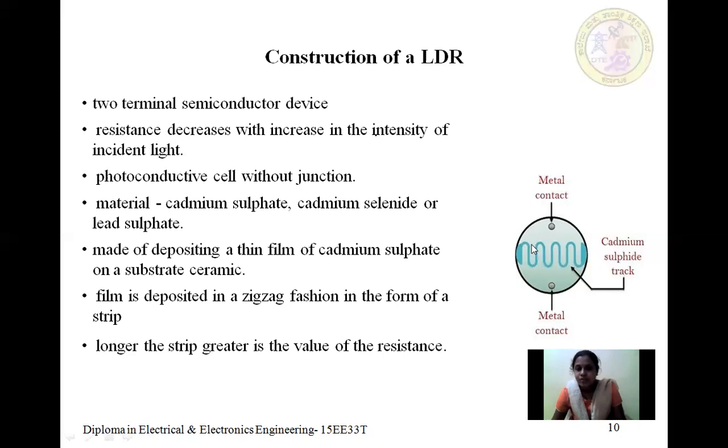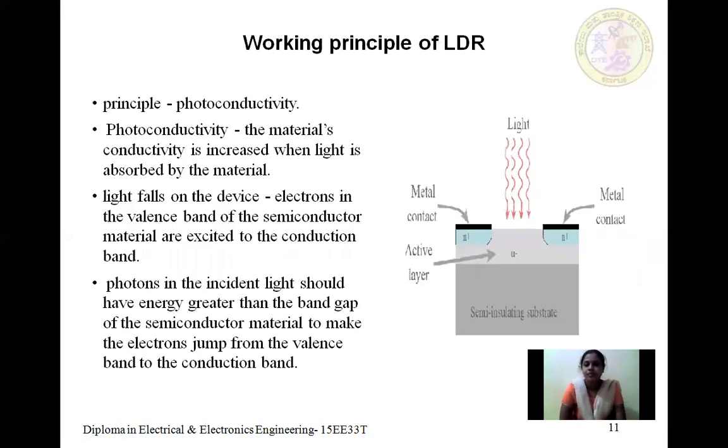A thin film of gold has been deposited here in a zigzag fashion. So as longer the strip, greater will be the value of the resistance. So this is deposited on a ceramic body. This is the construction of an LDR.